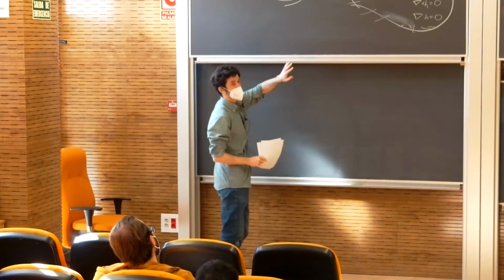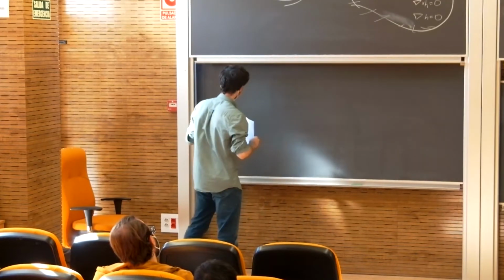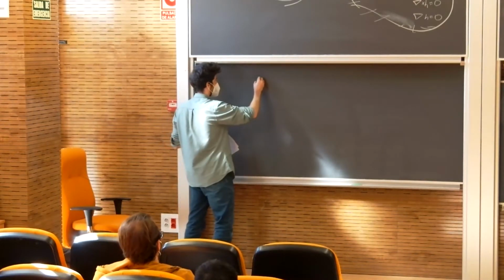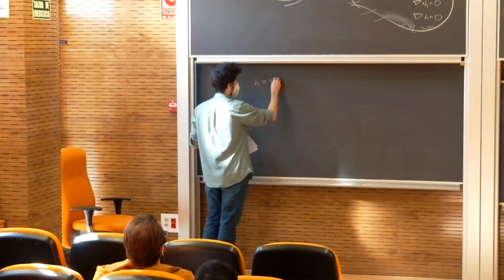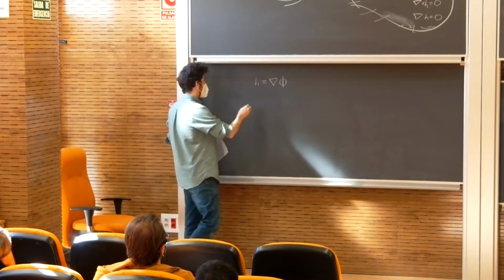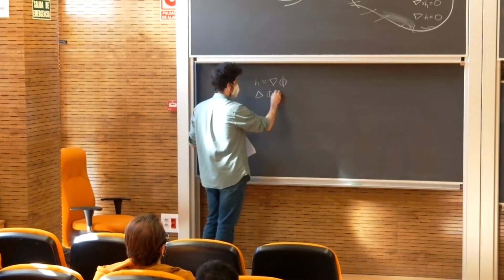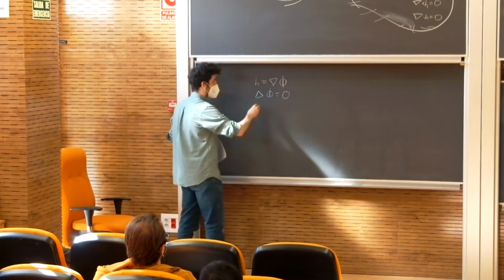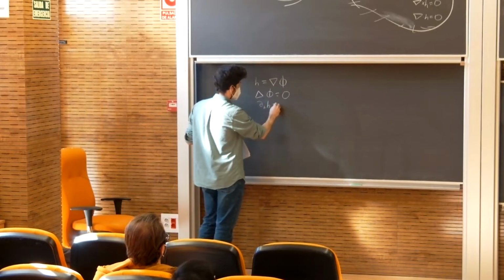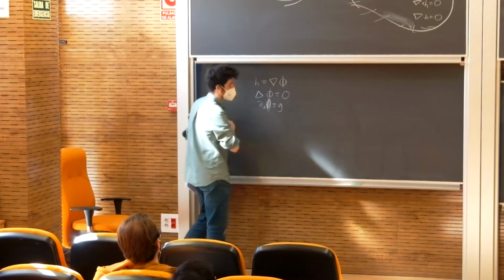So how do I solve for an H that gives me that? It's kind of a standard strategy to propose that H is going to be the gradient of some function phi defined in the vacuum, where phi satisfies Laplacian of phi equals 0, and the normal derivative of phi equals g on the boundary.